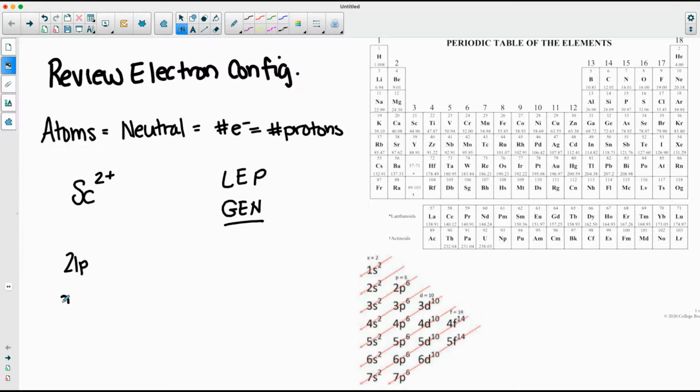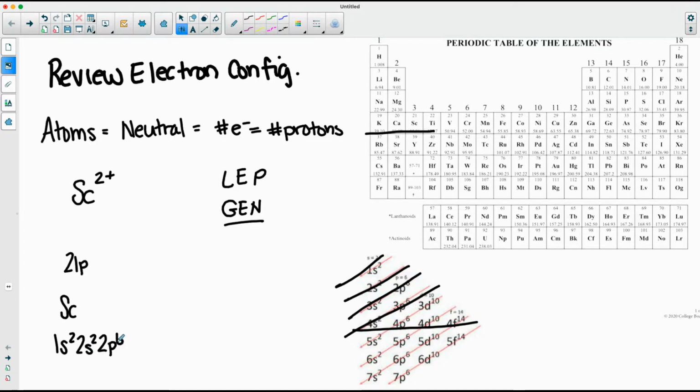So I'm just going to do Sc with no charge first. Sc is in period 4, right? So we're going to go all the way to 4s2. And then I go 1 into the 3d.